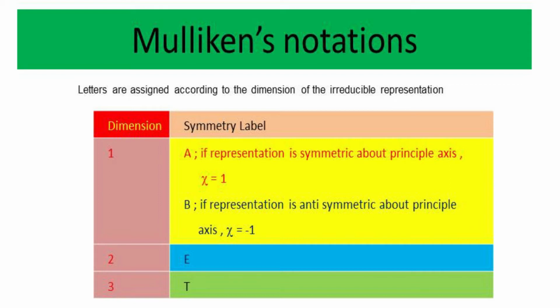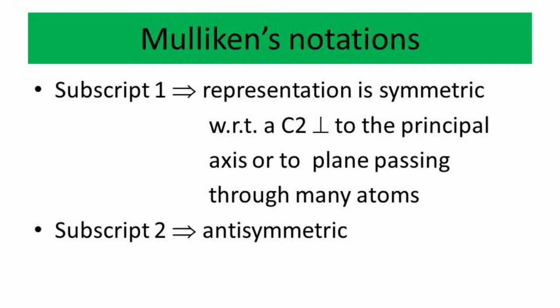If that representation is symmetric about the principal axis of rotation, then A. And if it is anti-symmetric, then B. If dimension is 2, then the symbol is E. If it is 3, then the symbol is T. If the irreducible representation is symmetric about the subsidiary C2 axis, the axis perpendicular to the principal axis, or is symmetric about the molecular plane, then we represent it by subscript 1, or else subscript 2.